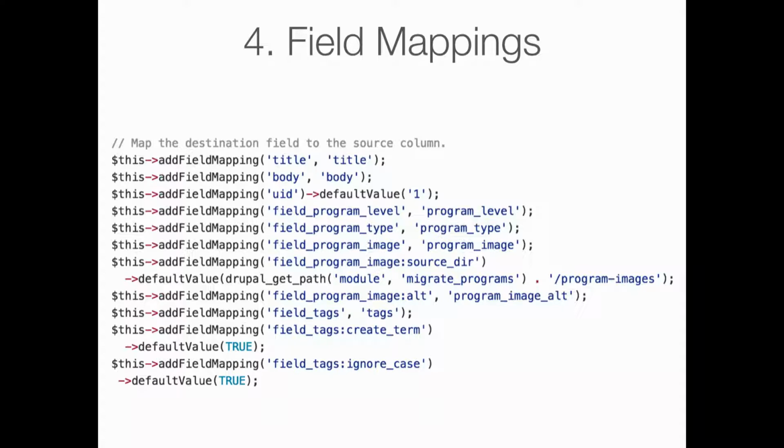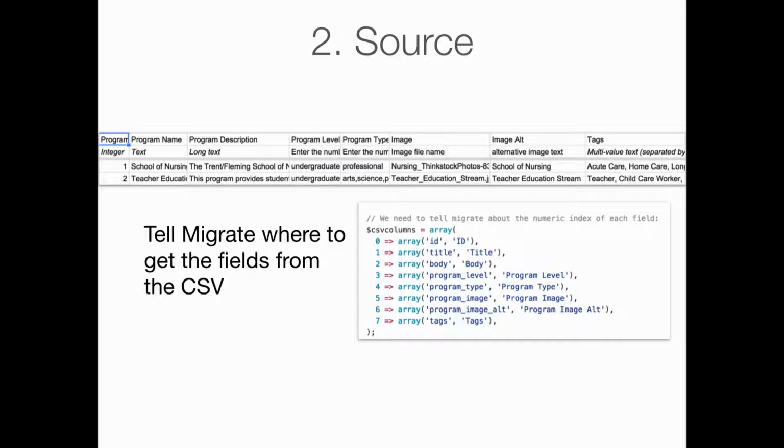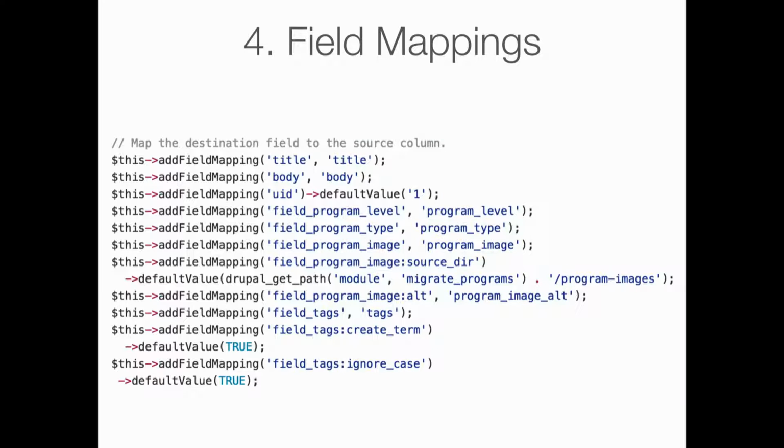So we just map these field names to the names that we gave our columns back in this code where we identified the columns of the CSV file. And this can be a little confusing because the destination is on the left and the source is on the right. So you might find this a little bit backwards in your head, but just remember the first thing you put is the destination and then you put the source.